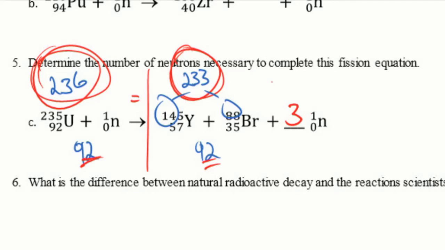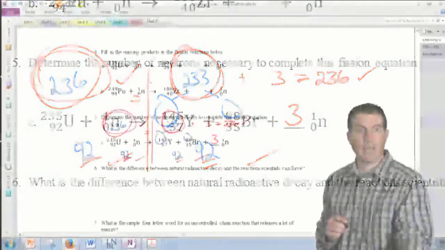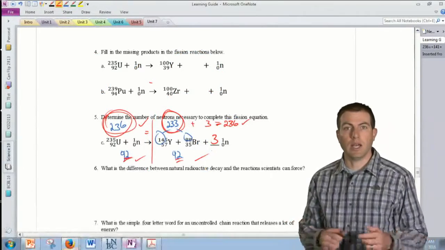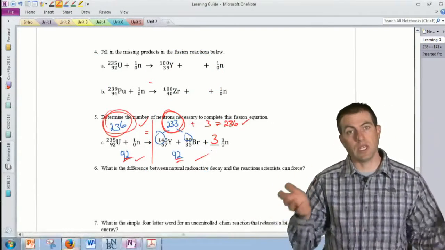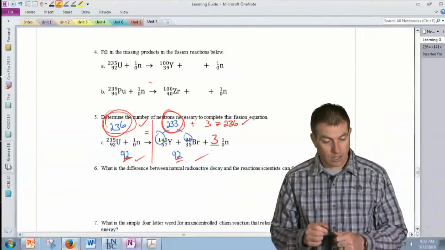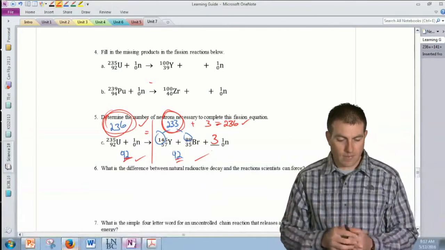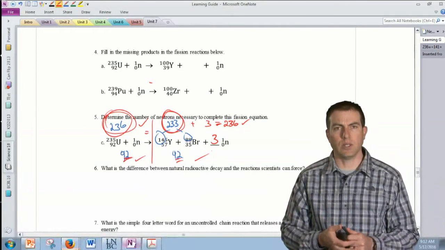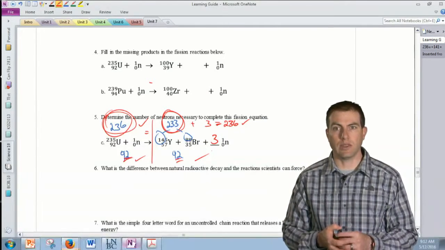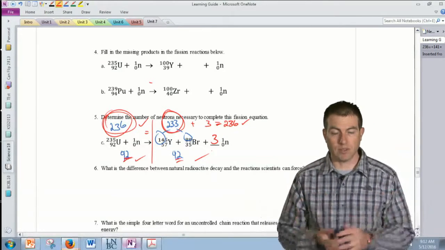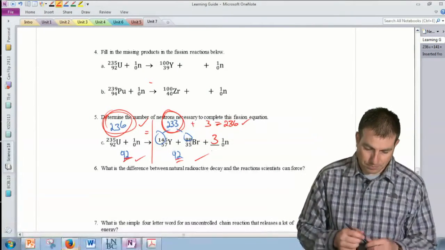So if I put a 3 in here, I'm going to have 233 plus another 3 is equal to 236. Now I have 236 and 236, 92, 92. So the top number matches the bottom number in terms of equal on both sides. So that's how that one's done. A lot of them are really quite similar to that. It's always just looking at the math on both sides of the equation and going from there.